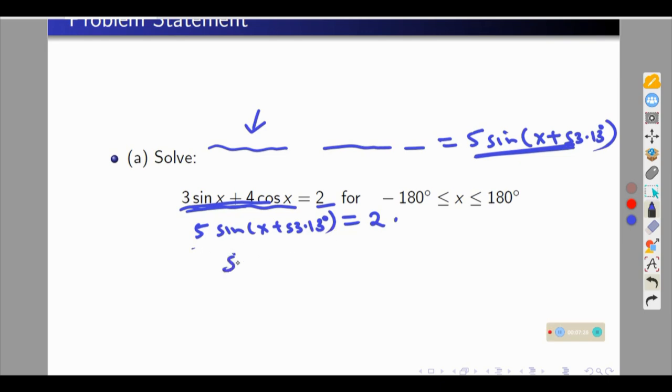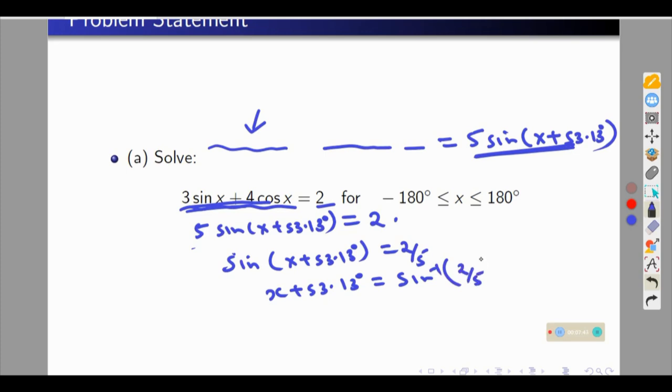When you divide through, it means you have sine of x plus 53.13 degrees, which is equal to 2 upon 5. So it means your x plus 53.13 degrees will actually be sine inverse of 2 divided by 5.